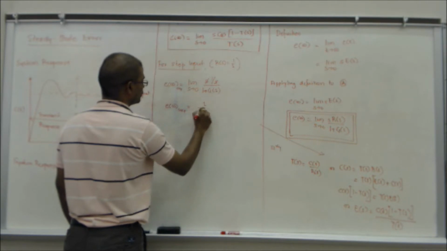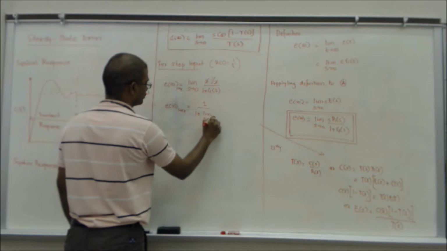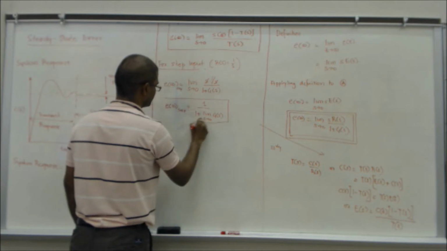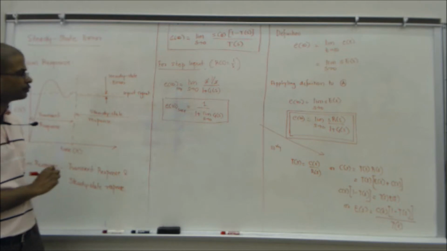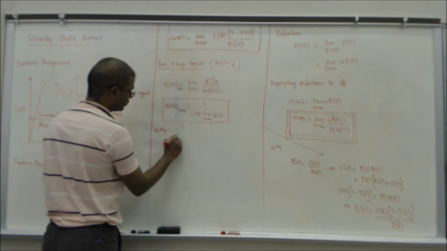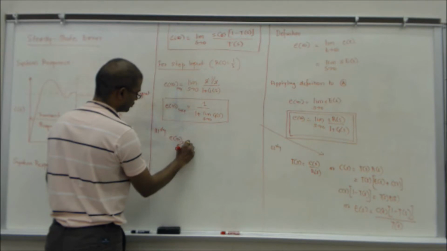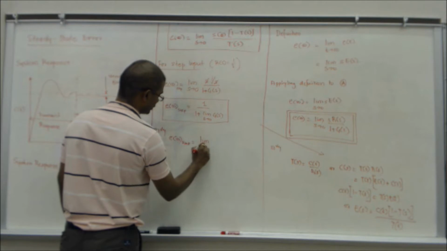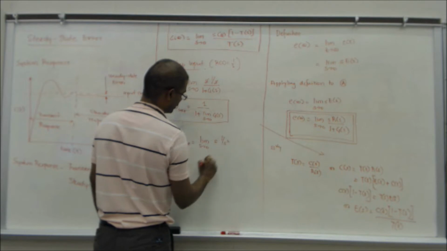1 over 1 plus limit S tends to 0. Okay. Similarly, E ramp is equal to limit as S tends to 0, S into 1 over S square.